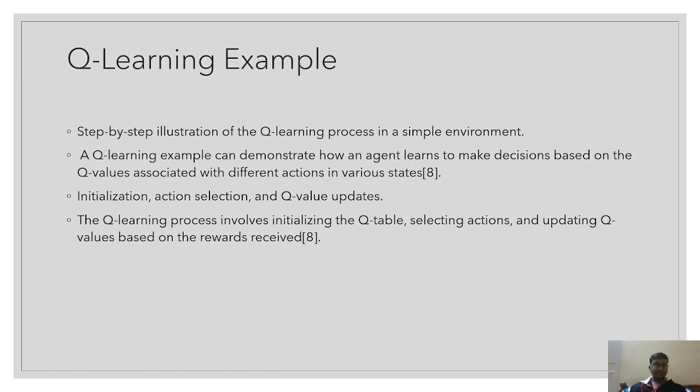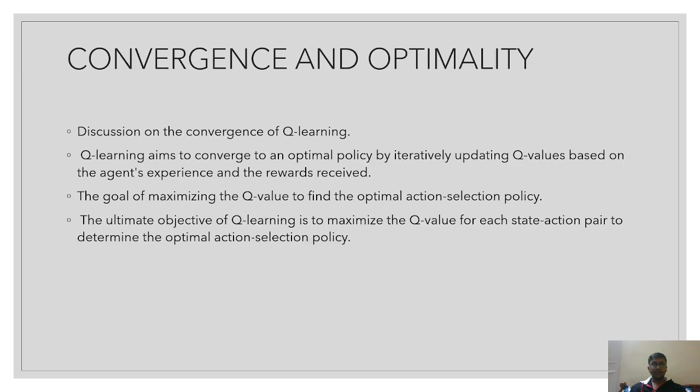As I just said, it is a simple initialization, action selection, and Q value update process, where it initializes the Q table, selects the actions to be performed according to the environment, and updates the values based on the rewards it receives.